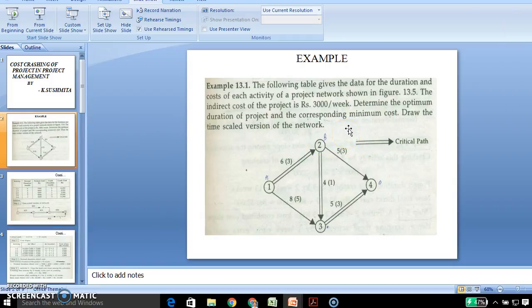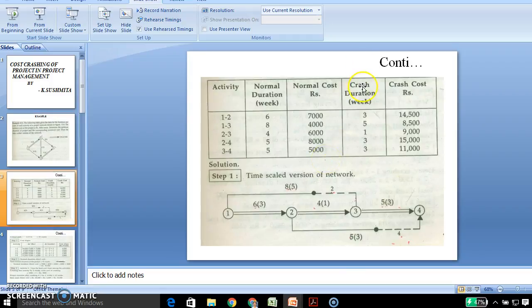After finding the minimum cost, we should draw the timescale versions for each crashing network. First, the critical path is indicated, and a table is given with normal duration, normal cost, crash duration, and crash cost.